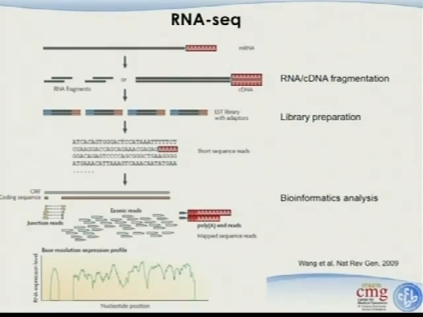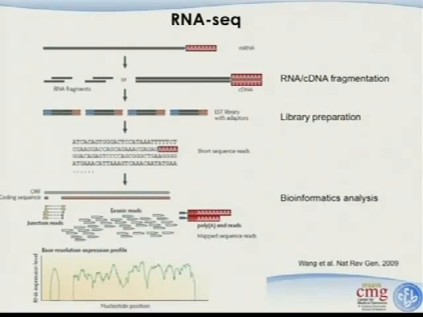After you get these signals, you can do bioinformatics analysis. The first thing is to align these reads back to the human genome, or whatever genome you're studying. Some of the reads are in the exon regions. You can see this is an exon, this is an exon, this is the intron.